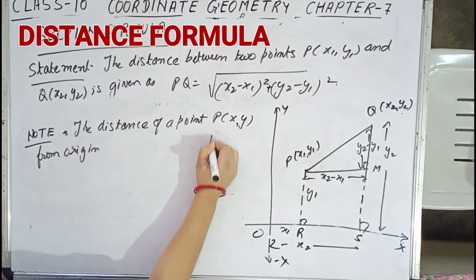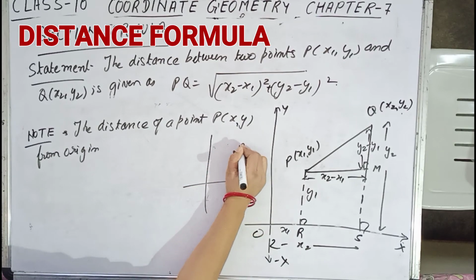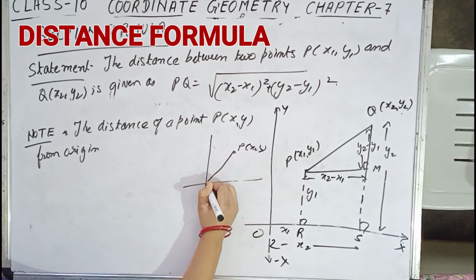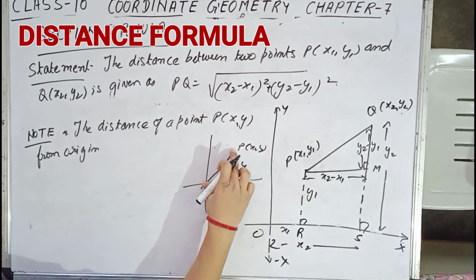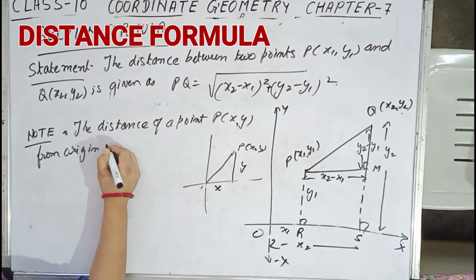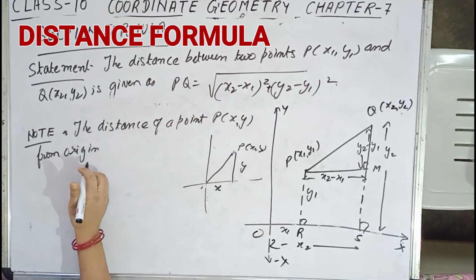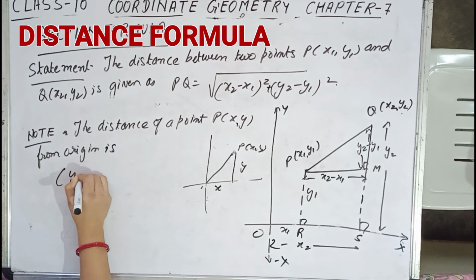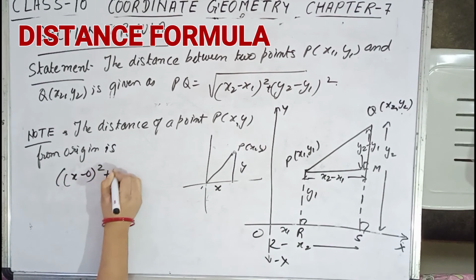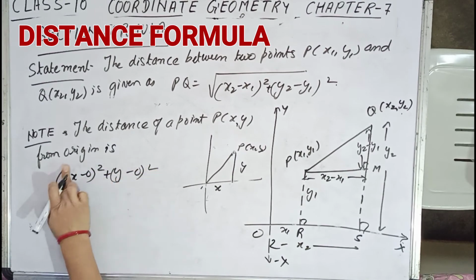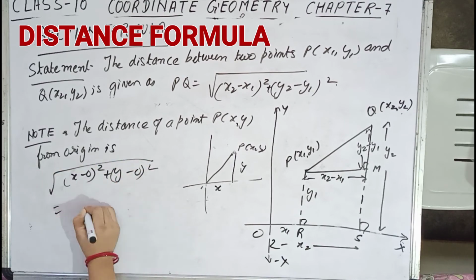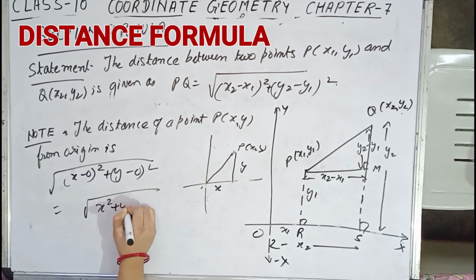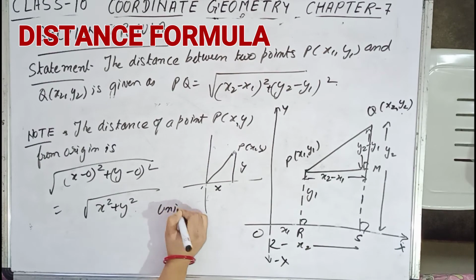If I consider the distance of this point P(x, y) from origin, obviously this one is x, this one is y, so this distance will be under root of x square plus y square. But this formula I am deriving from this distance formula, as origin is (0, 0): under root of (x minus 0) whole square plus (y minus 0) whole square. So this will be equal to under root of x square plus y square units.